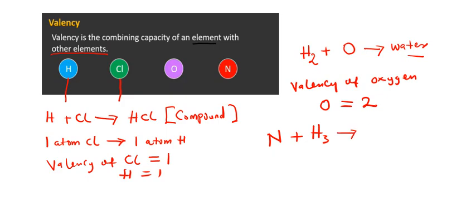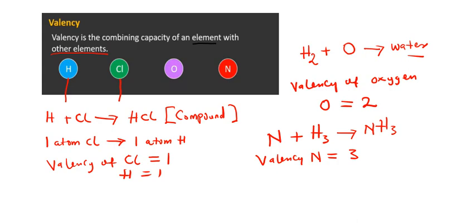So the valency of nitrogen is equal to 3. So valency is the combining power or capacity of an element with other elements.